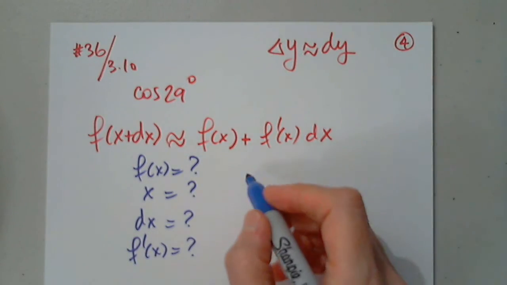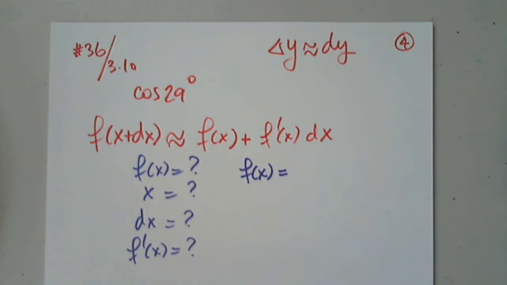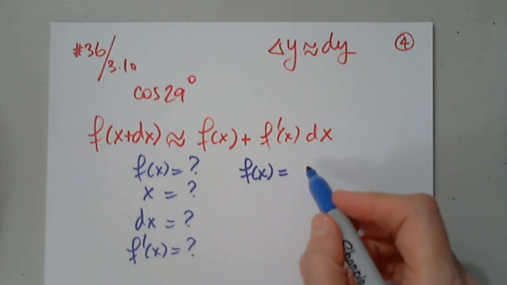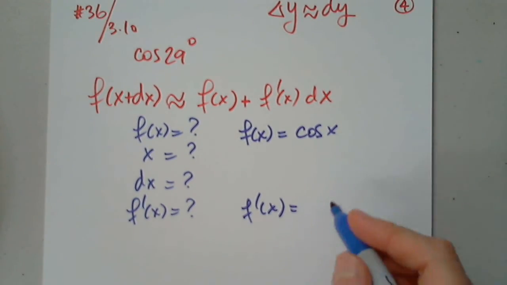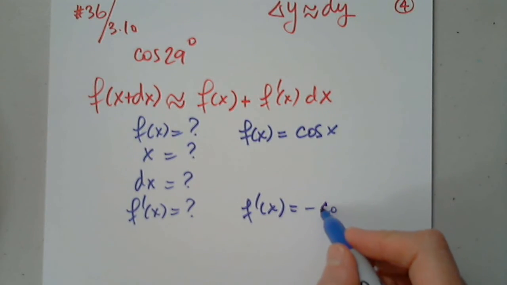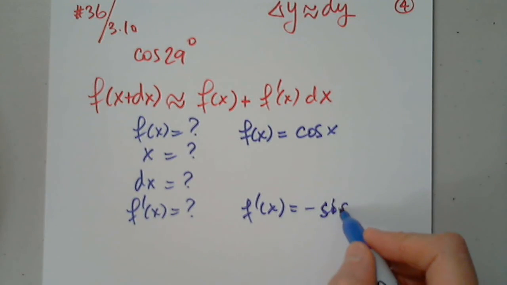So let's start with the function. Can anyone tell us what function are we looking at? Cosine of x. Very good, awesome. So then immediately I can find f prime of that function. I know you all know it's negative sine x.